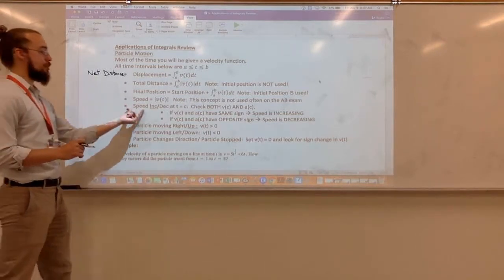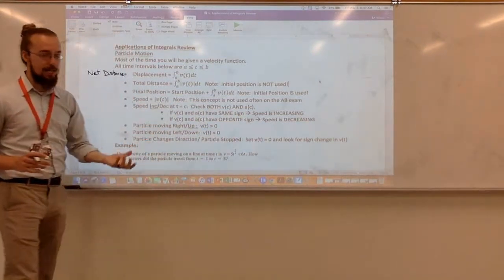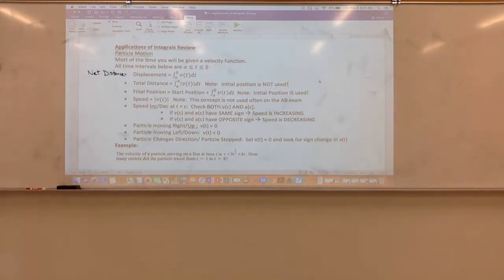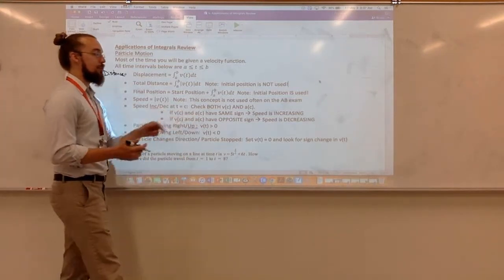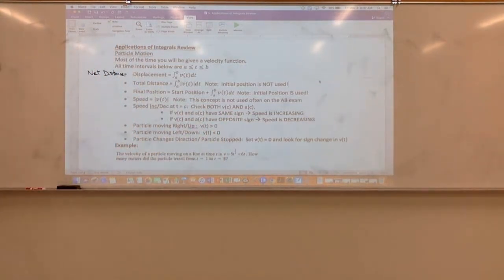To determine whether speed is increasing or decreasing, we need to look at both velocity and acceleration at a certain point. If velocity and acceleration have the same sign at a given point, speed is increasing. If velocity and acceleration have opposite signs, speed is decreasing.